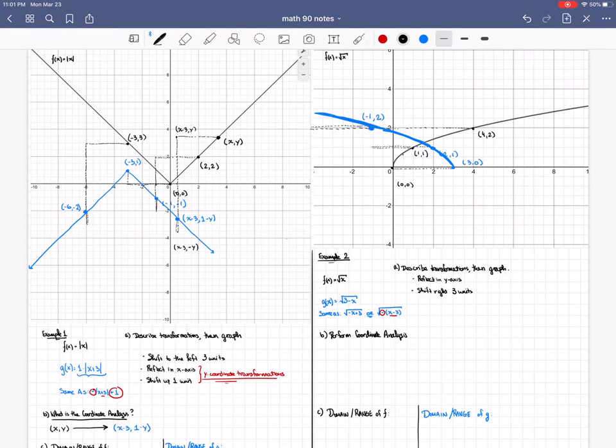Okay, so if we pick this point and its coordinates are (x, y), when we reflect in the y-axis, we end up here. So this point, it's not our final location, but same y-coordinate, opposite x-coordinate: (−x, y).